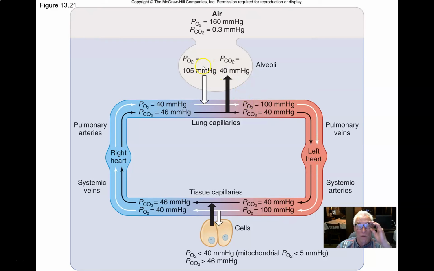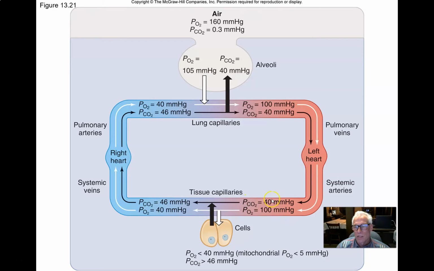So the partial pressure of oxygen in the alveolus is essentially going to be the same as the partial pressure of oxygen in the blood when it leaves the lungs. 100 millimeters of mercury partial pressure oxygen, 40 millimeters of mercury partial pressure of CO2, because it's going to match the alveolus. All right, so let's see what happens. We're going to bring that blood around to the tissues, and as oxygen diffuses away, the partial pressure falls. So when the blood leaves the tissues, typically, there's around 40 millimeters of mercury partial pressure of oxygen left.